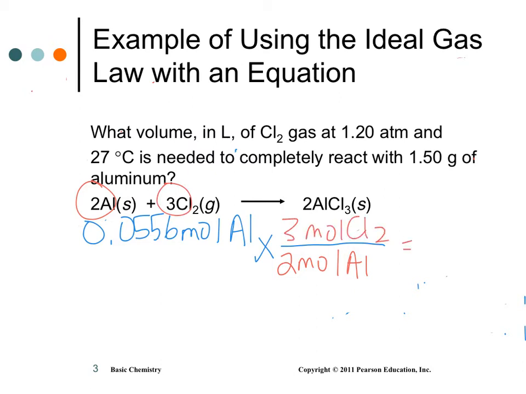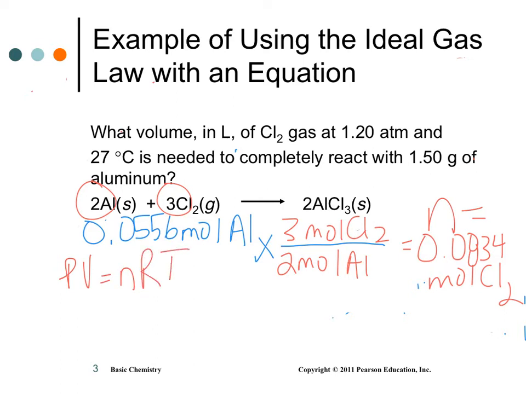So when I multiply those together, I get 0.0834 mole of chlorine. I now have the ability to solve this problem because I now have my n value. n equals that.